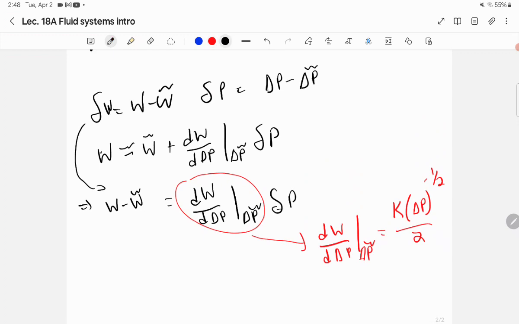And what we can then do, of course, is we can set now delta w equal to this.